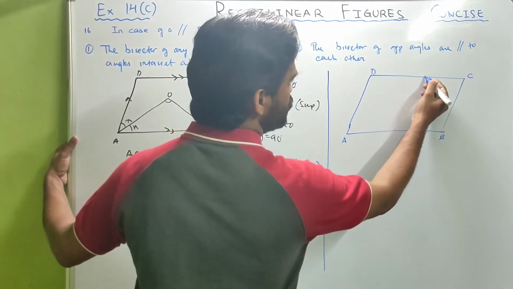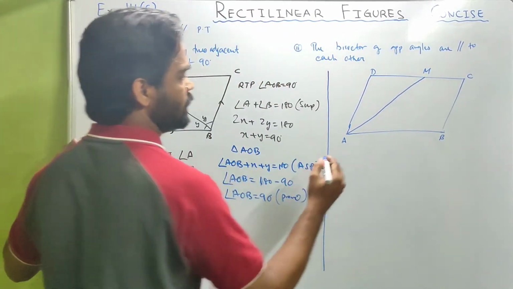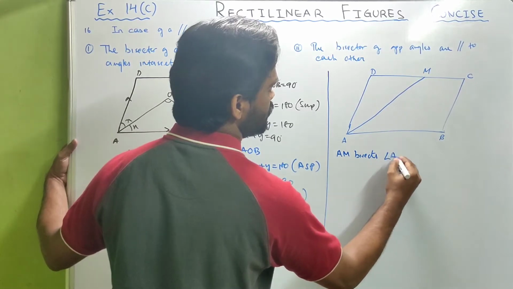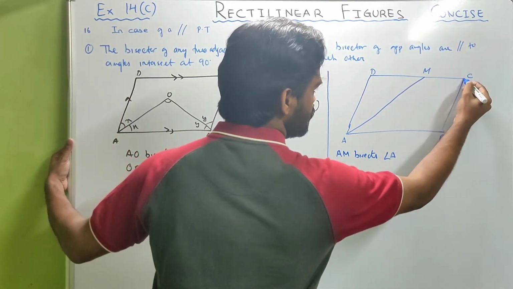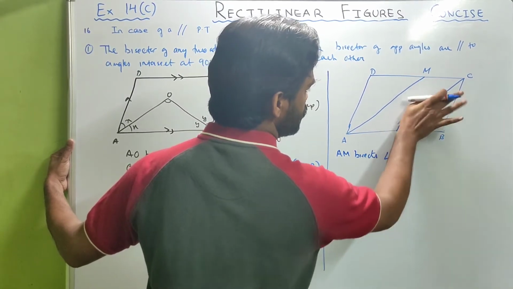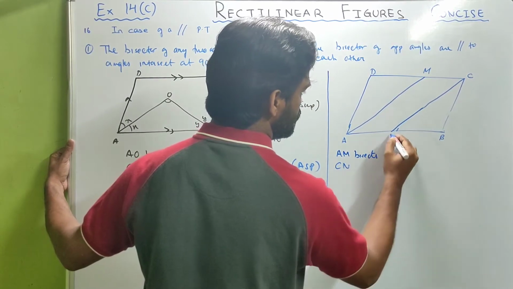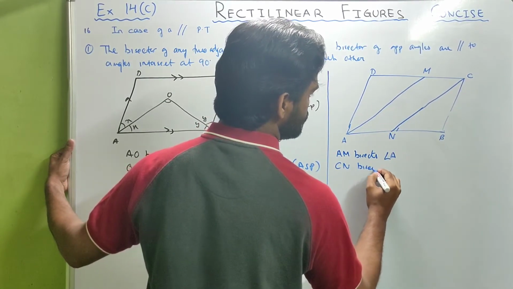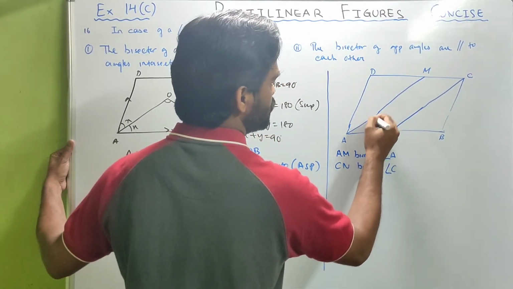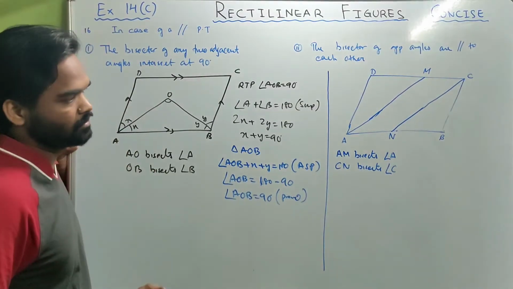Suppose AM is the bisector of angle A, and suppose, not drawn properly, CN bisects angle C. We need to prove that AM and CN are parallel to each other.